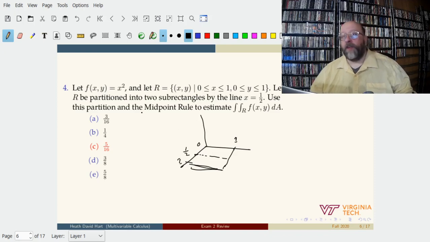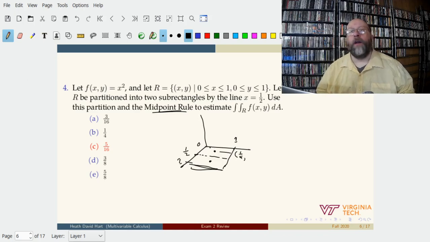The question says to use this partition and the midpoint rule to estimate this integral where we're integrating the function x squared. All right, so we have to use the midpoint rule, so the important points are these 2 points right here. This point, the x-coordinate is the midpoint between 0 and 1/2, so that's 1/4.